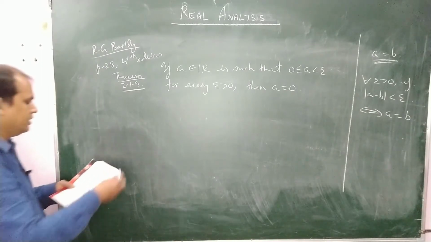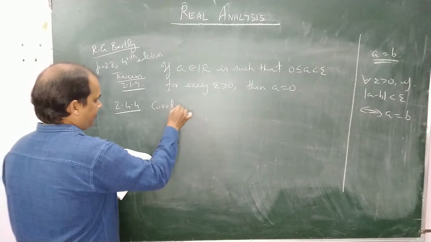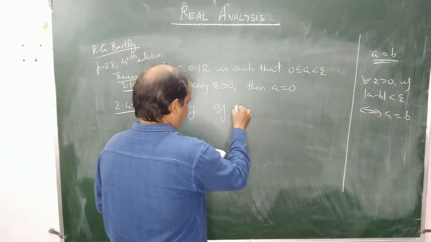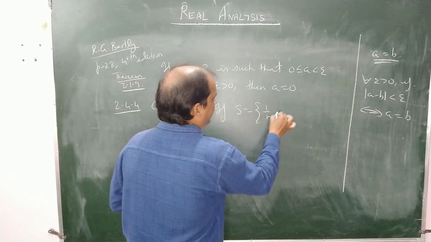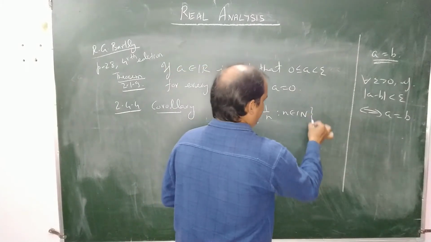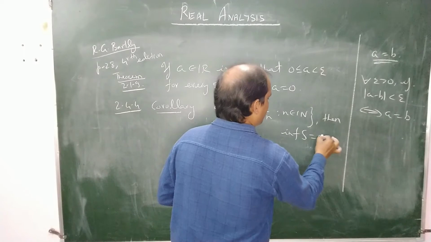It's the 2.4.4 corollary. The statement is that if S is equal to 1 by n, where n belongs to N, then the infimum of this set S is 0.